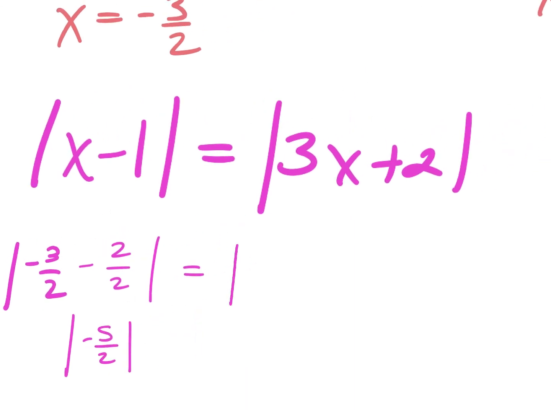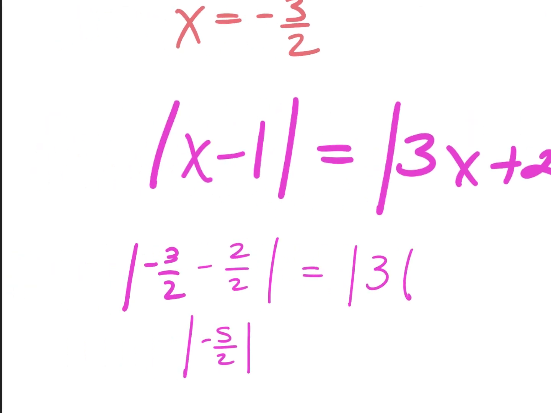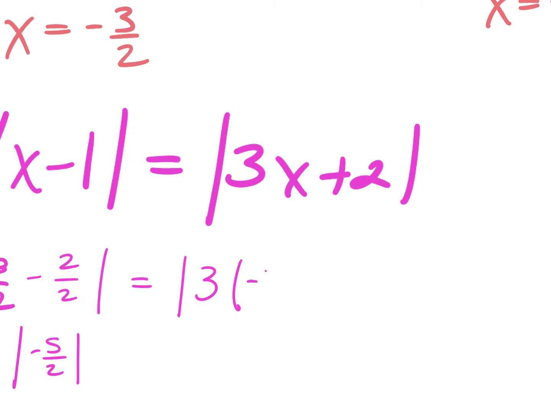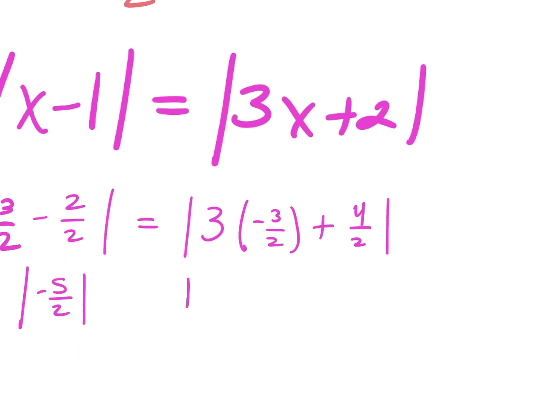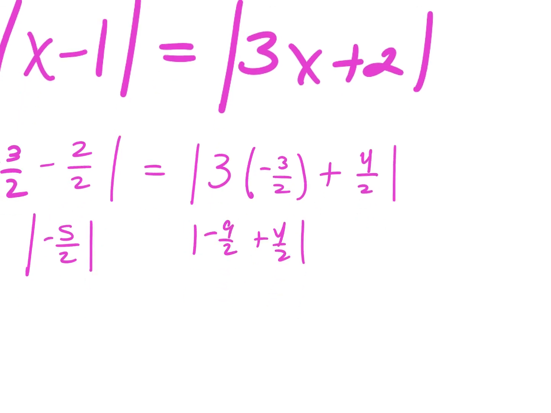Now over here, I have the absolute value of 3 times negative 3 over 2, plus, I'm going to change 2 over 1 to seconds. This becomes 4 over 2, right? So this becomes negative 9 over 2 plus 4 over 2 gives me what?